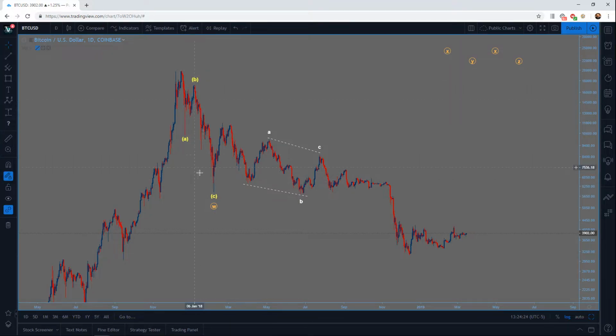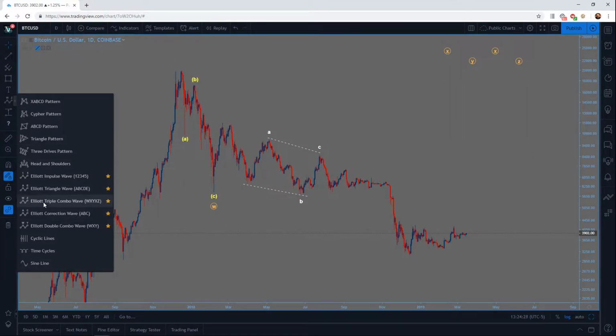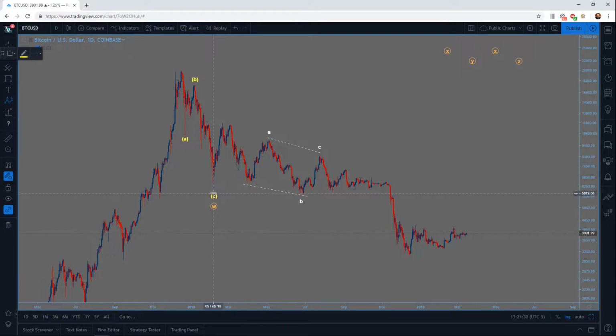So after the W, we had a move up. I believe that this was A. So behind A, we are looking for B and C. Behind A, we had a move down. This, for me, is not a B wave.